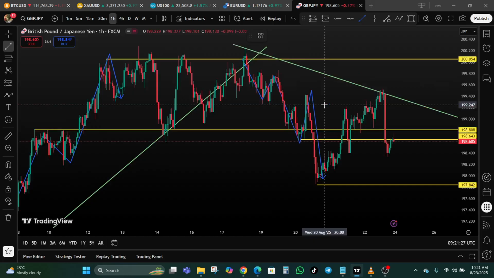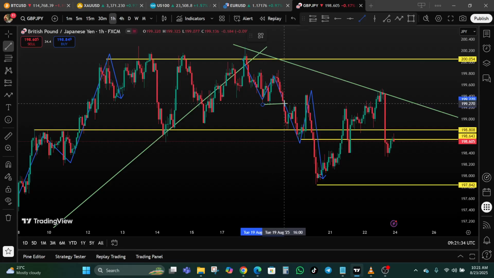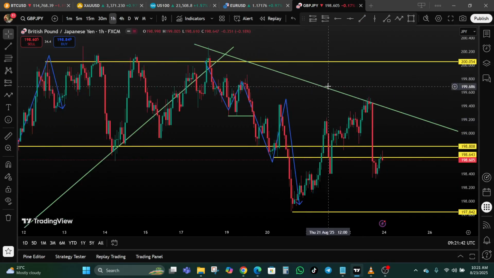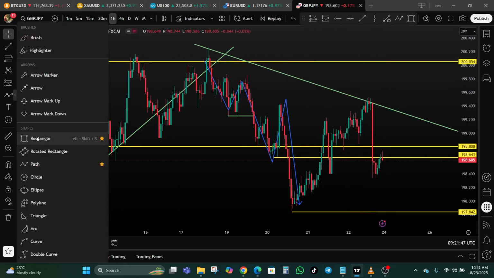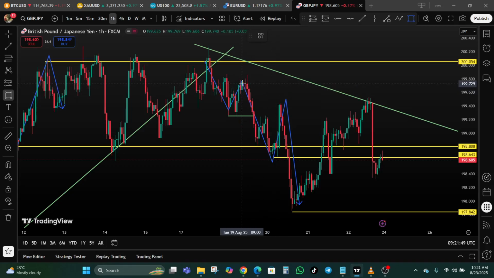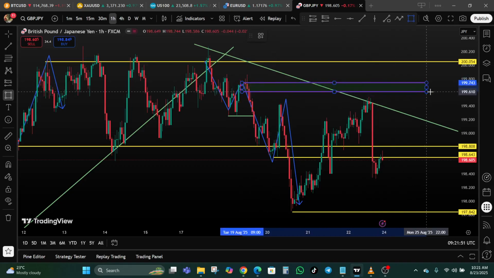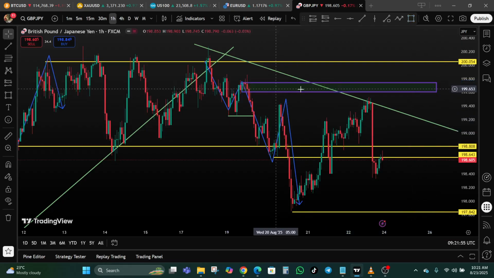In a bearish trend, when price forms a lower low like this, and then price breaks that lower low, the order block is going to be the last bullish candle before that impulsive move. That gives us a bearish order block around here.